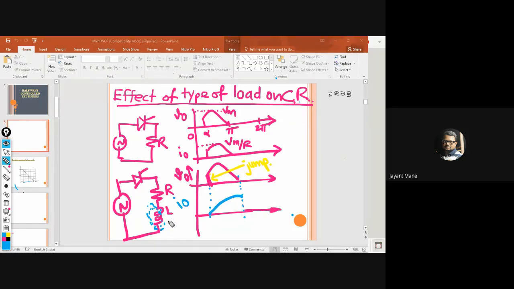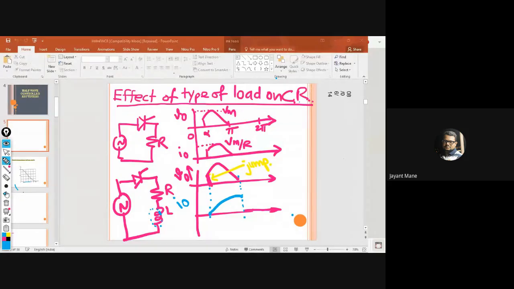And collapsing means there is large di by dt with this inductor. So a very large voltage will appear across inductor. So when the input voltage goes to zero, the HCR tries to commute, but this inductor will release the energy and keep the on state as it is.